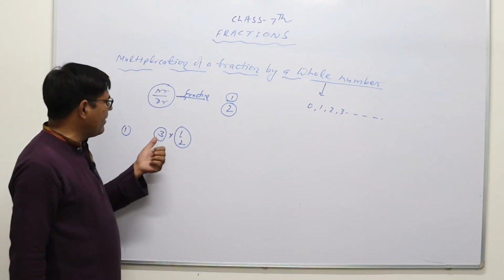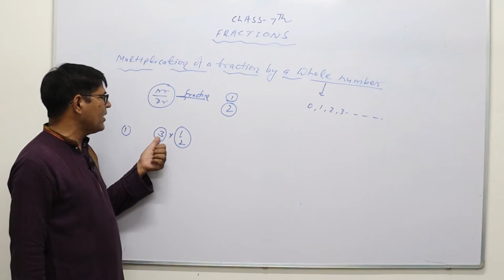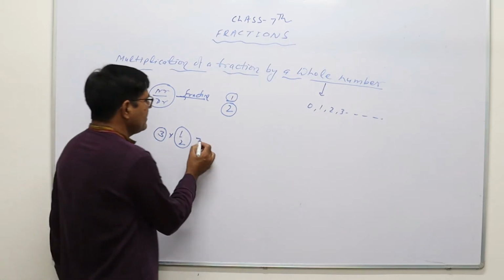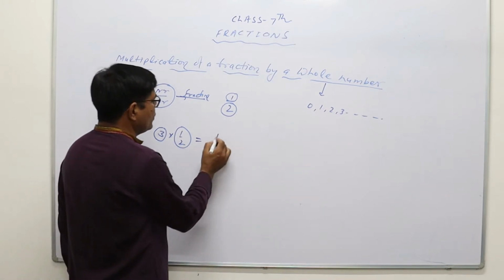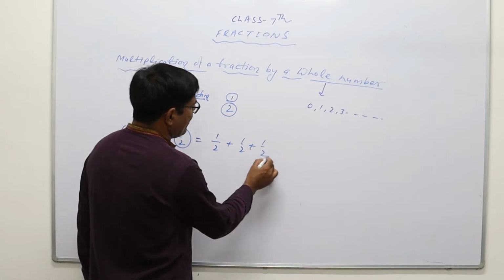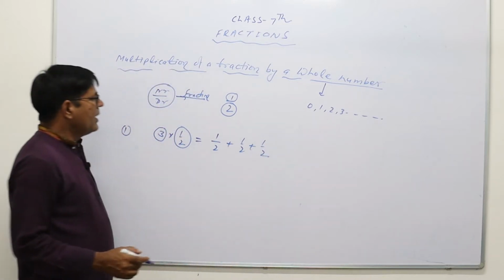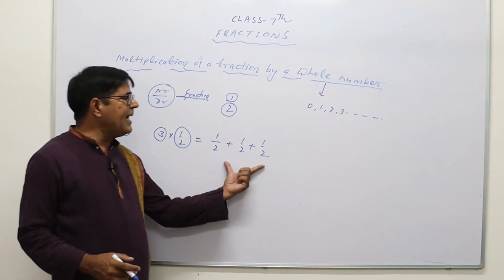It means we have to multiply this fraction 1 by 2 by a whole number 3. That is, we have to add this 1 by 2 three times: 1 by 2 plus 1 by 2 plus 1 by 2. So, multiplication means a repeated addition.